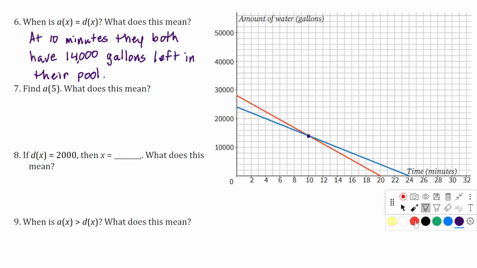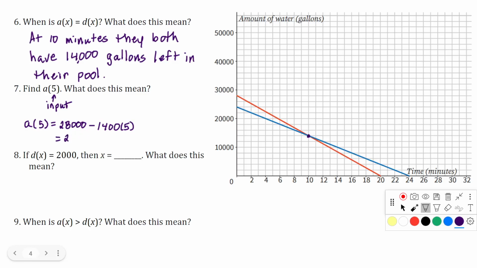Find A of 5. Well, the thing you need to remember about the 5 is that it is an input. So I could do this two ways. I could look at the graph, find 5, and go up, and it appears to be 21,000. Or I can take Allie's equation and substitute the x with 5. So we have 28,000 minus 1,400 times 5.